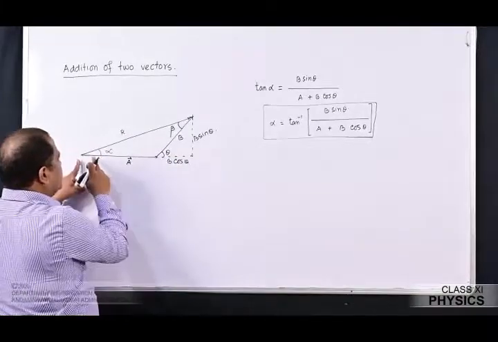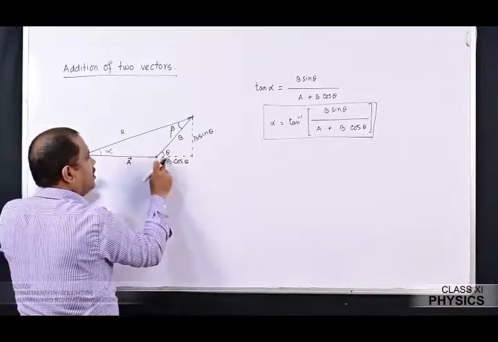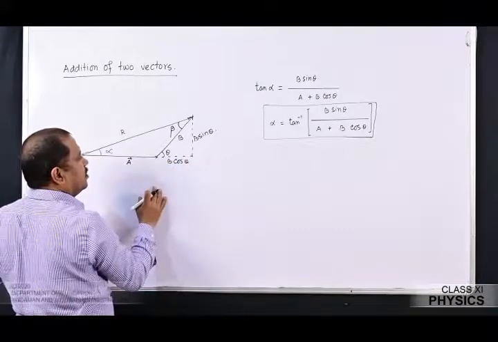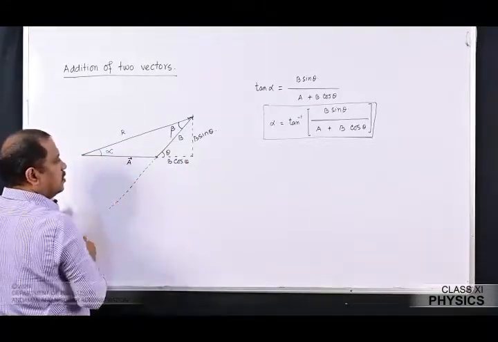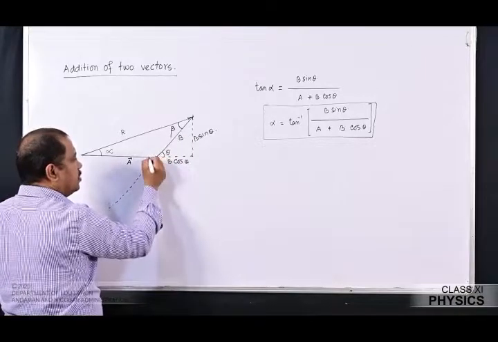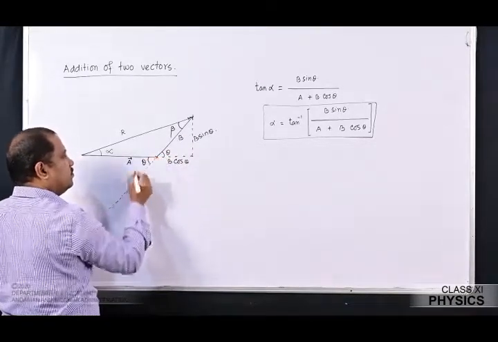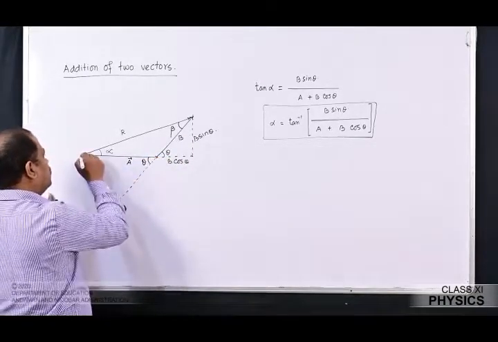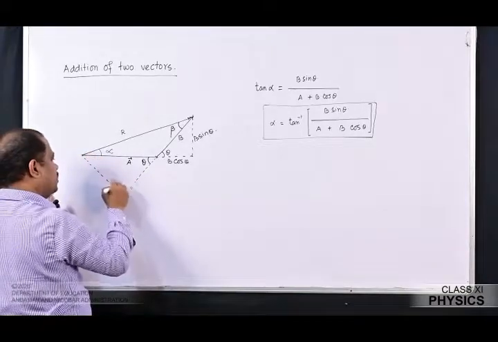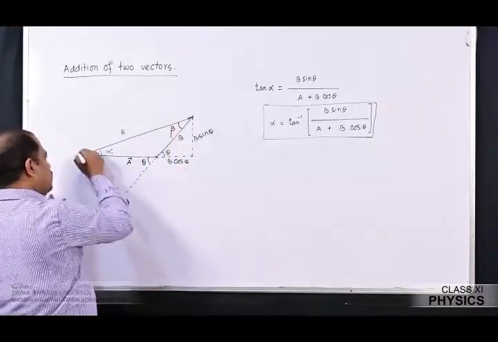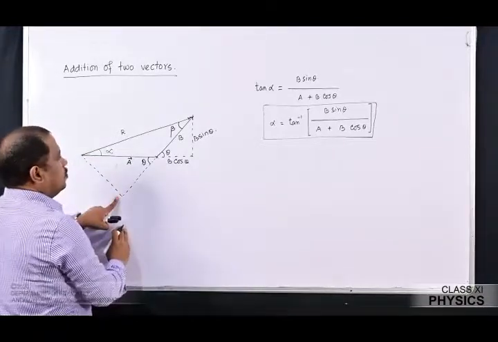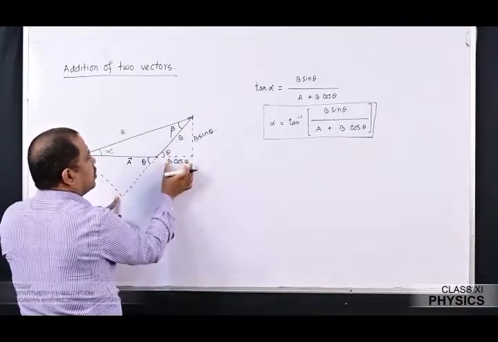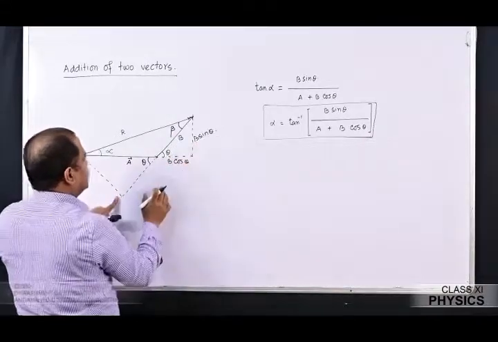Previously I extended this vector by a dashed line forward. I am now going to extend a line backward like this. If this is theta, I am going to drop a perpendicular from here like this. Similarly, I am going to drop a perpendicular on this one. I resolved this b into two components: this was b cos theta, this was b sin theta.